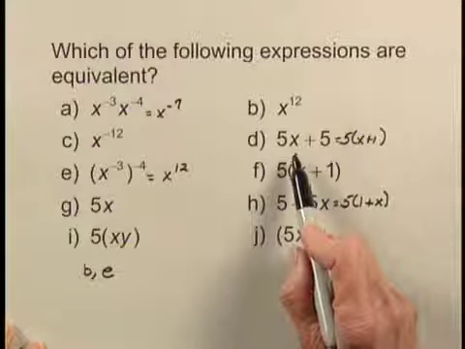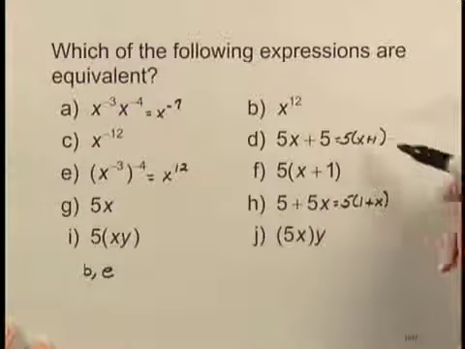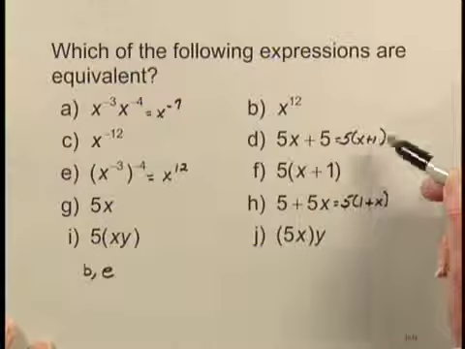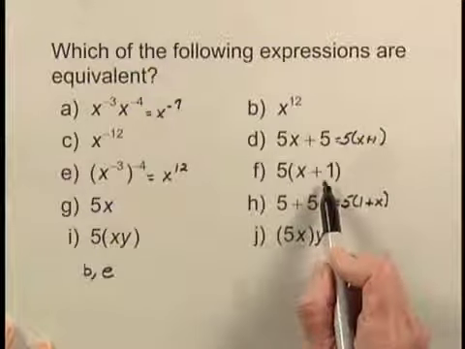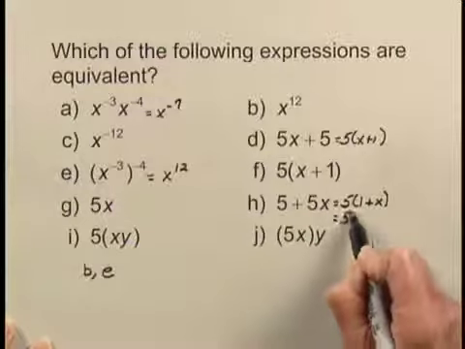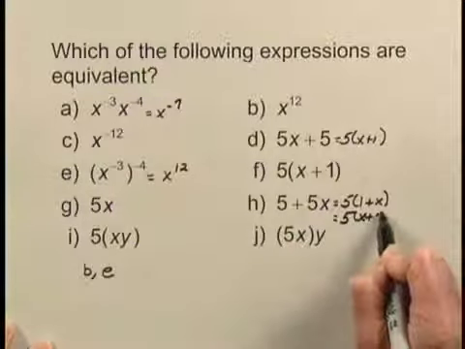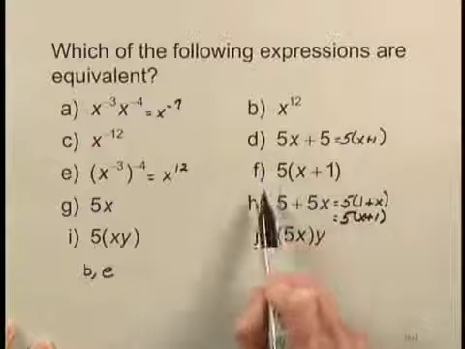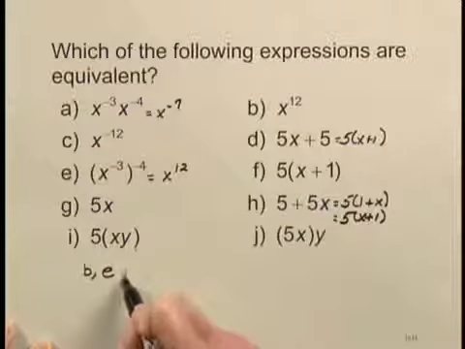Looking at 5x plus 5, when I factored it, I got exactly the same expression as in F. And if we look at H, by the commutative law of addition, I can write 1 plus x as x plus 1. So D, F, and H are equivalent.